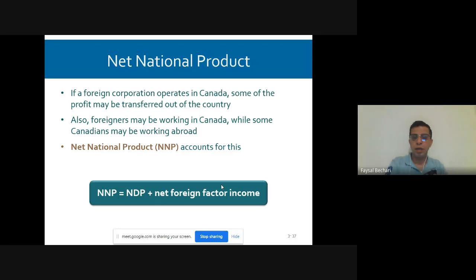So the net national product, or NNP, accounts for the net domestic product plus the foreign factor income, whether it's positive or negative, depending on whether the foreign corporation works inside or local workers work outside.